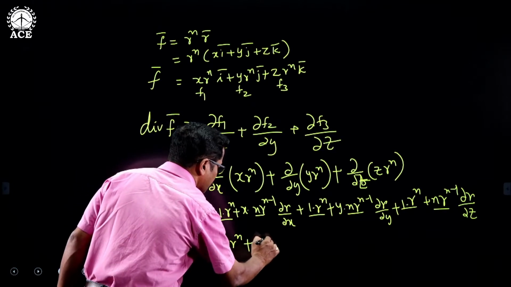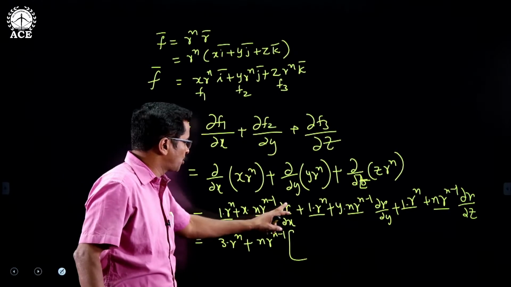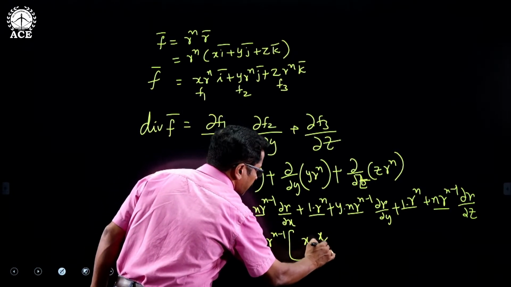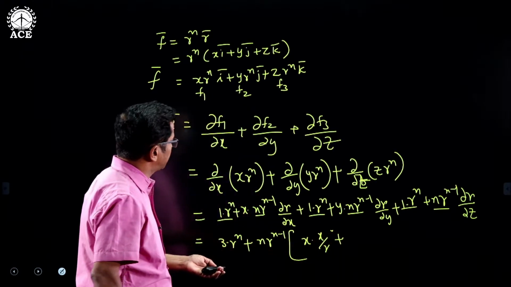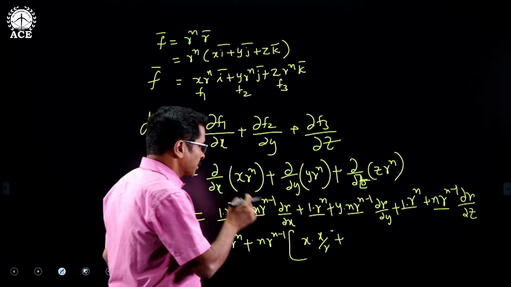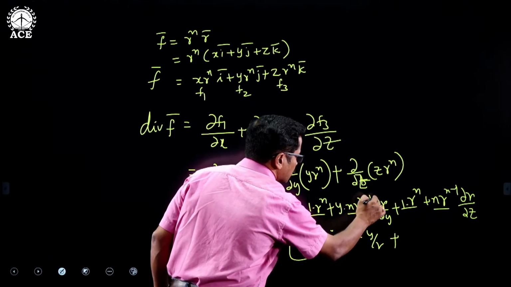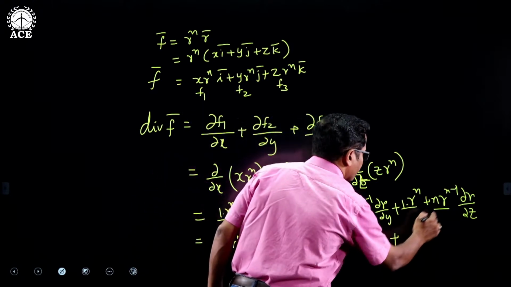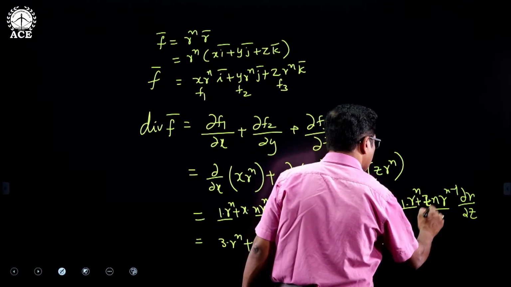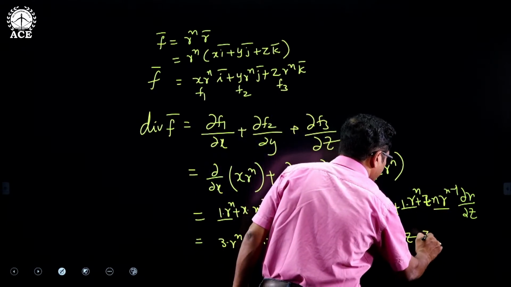So I am taking n into r power n minus 1 common, and x into dou r by dou x is left. x into dou r by dou x is x by r, that I proved previously, dou r by dou x is x by r, plus y into dou r by dou y, so y into y by r, plus here z is there. Here I forgot to write z. So z into dou r by dou z, which means z by r.